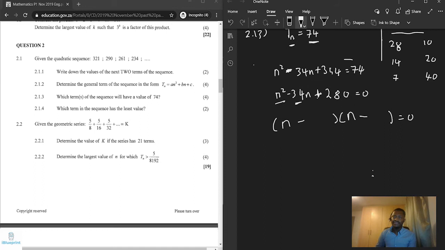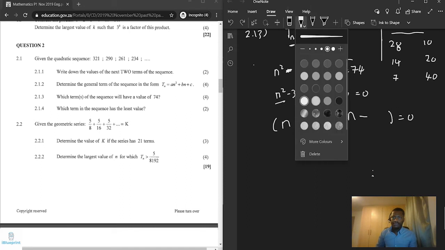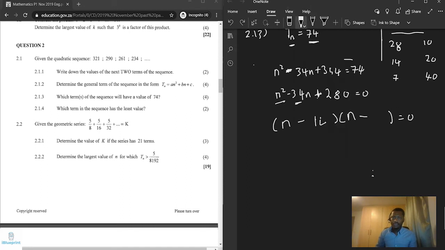The order doesn't really matter which side. You choose 14 and 20. Therefore, for n equal to 14 or n equal to 20, that's when our value is equal to 74.